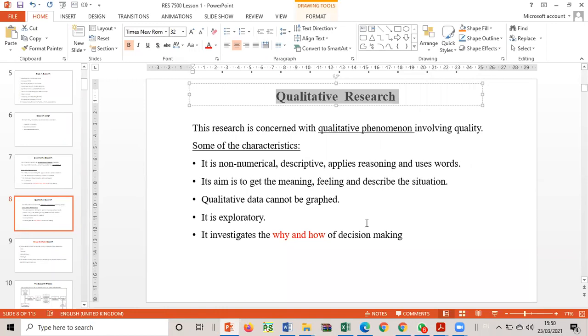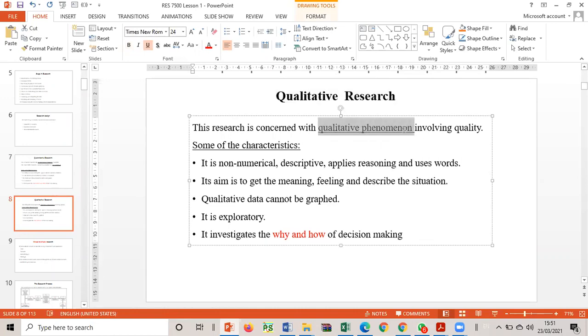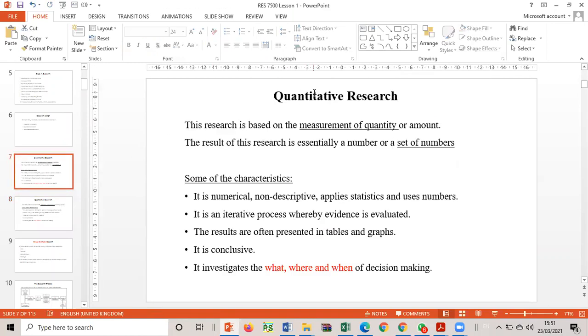Did he have a theory behind it? Nothing. He collected and formulated a theory. So qualitative research starts with qualitative phenomena, which, proven again and again, may become quantitative in nature.